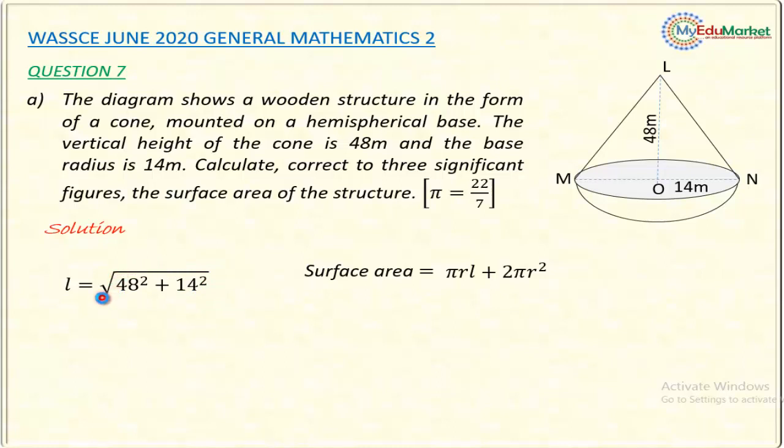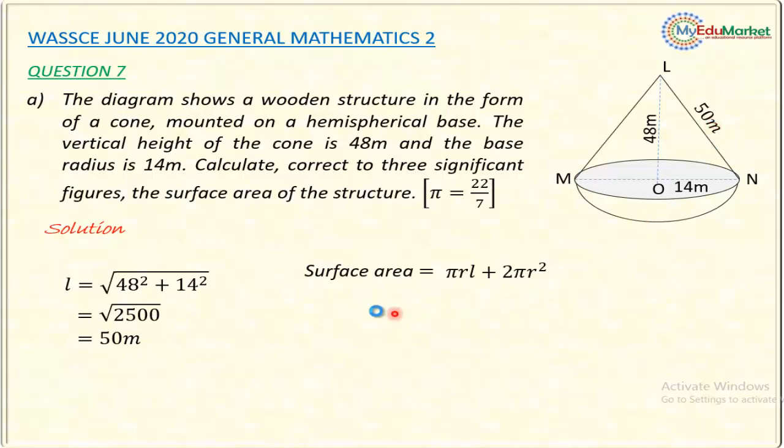This is using Pythagoras. The slant height is the hypotenuse, so it will be this square plus this square, then you take the root. So if I continue, 48² added to 14² will give 2500, then the square root of that will give L as 50 meters. So the slant height of the cone is going to be 50 meters.